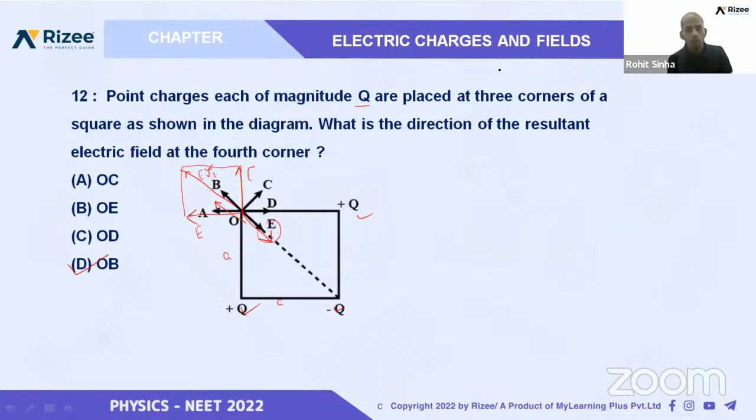Should I solve and show you, or can you proceed? Okay, I will solve. See, let us suppose this distance is A. Wait once.